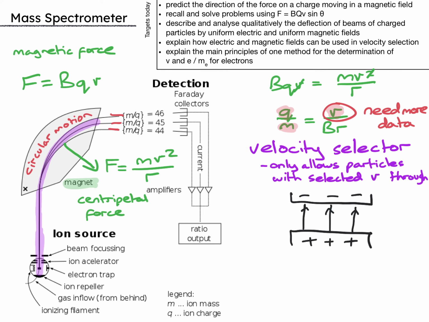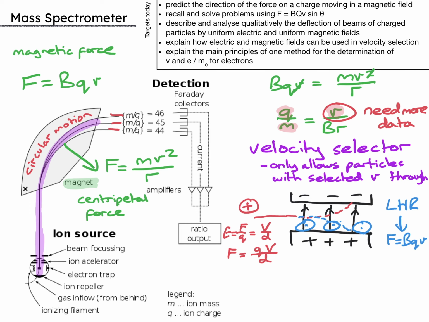If positive ions are fired through here, they will deflect upwards with a force given from E equals F over Q equals V over D, so F equals QV over D. If I also put a magnetic field in, so the North Pole is at the back and the field direction points towards us, then with current going left to right and the left hand rule, we get a downward force given by F equals BQV.